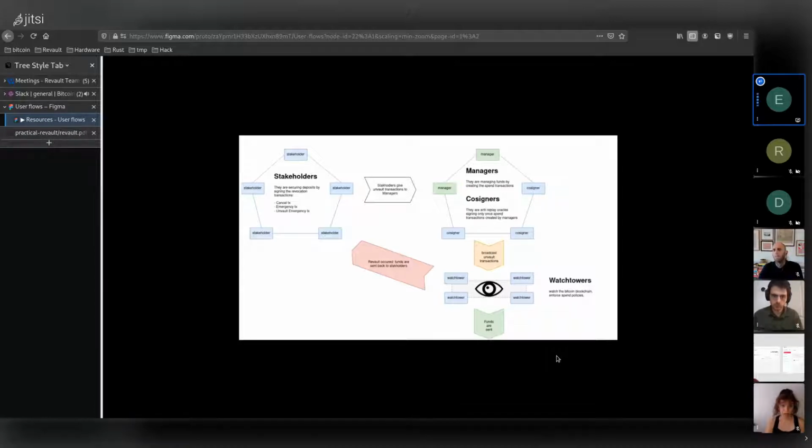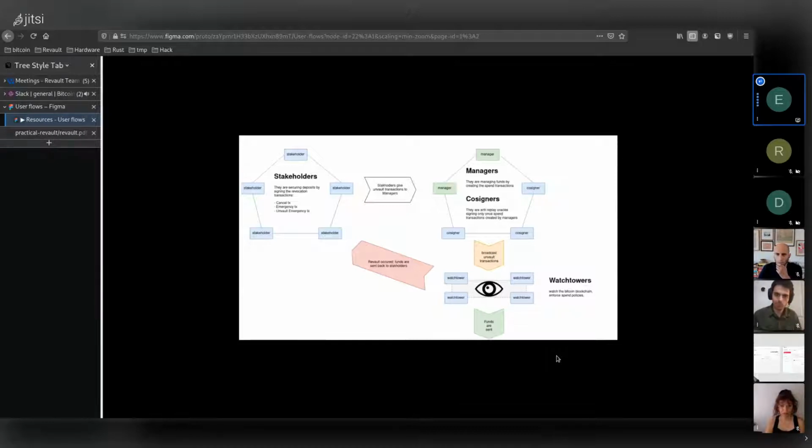So the idea is maybe we can increase the number of stakeholders, like you can have 10 stakeholders, and the stakeholders can sign pre-signed transactions. We can have a big multisig of 10 keys.